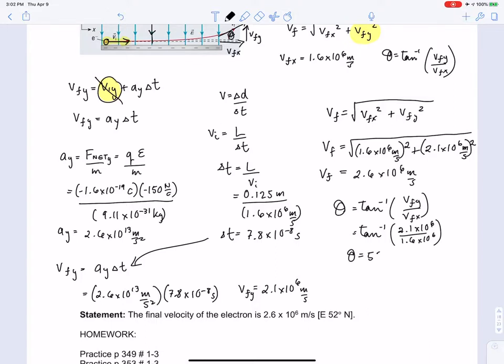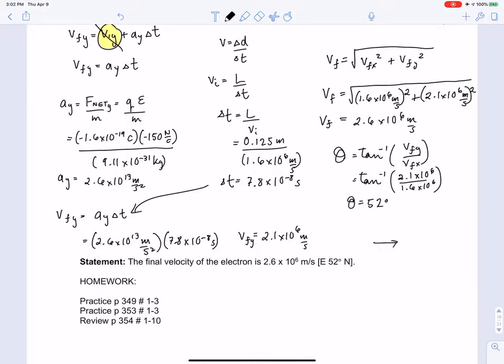Theta equals 52 degrees. So the x component was this direction, the y component was this direction. Theta would be this angle, which is 52 degrees north of east. So we can state that the final velocity of the electron is 2.6 times 10 to the power of 6 meters per second, 52 degrees north of east.